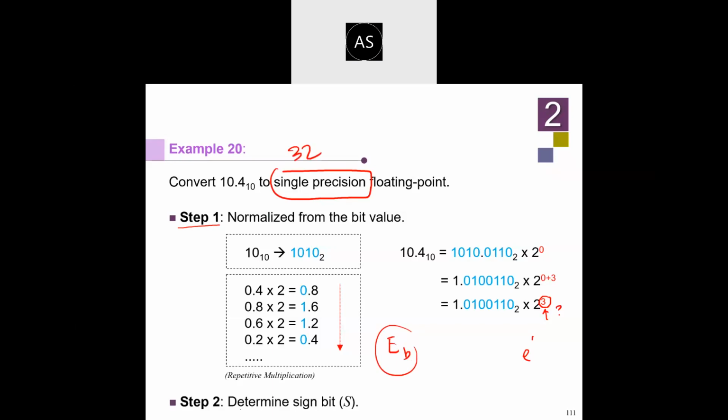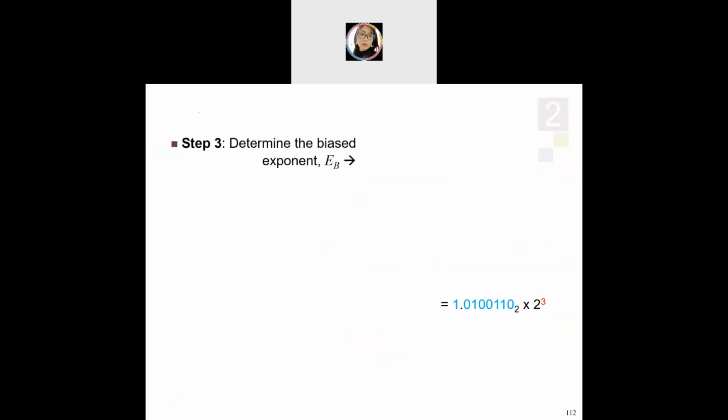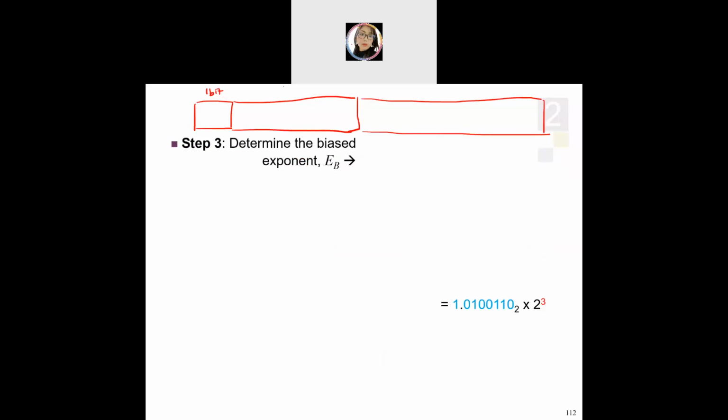Next, you need to determine the sign value. This one, 1 bit. Your bias exponent, how many bits for single precision? 8 bits.